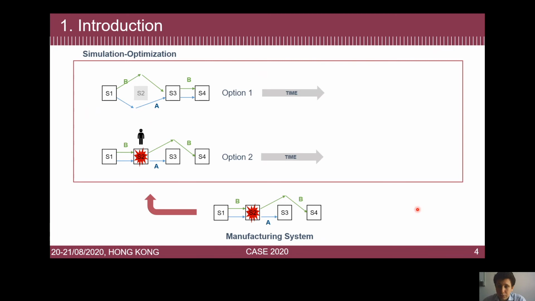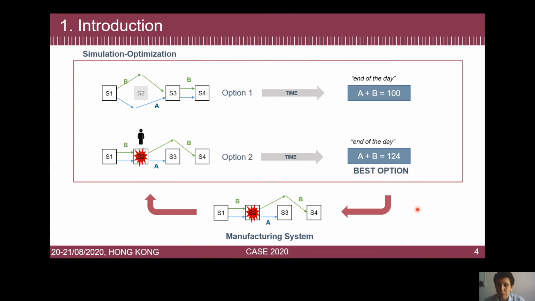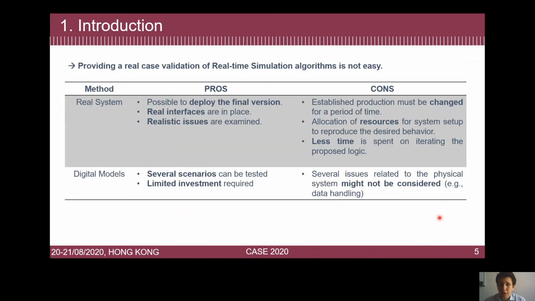So we might want to use a simulation to predict the estimated end of the day performance, for example, the production performance. Then we can use the results to understand what is the best option. In this case, we might understand that repairing the machine would give us a better outcome at the end of the day.